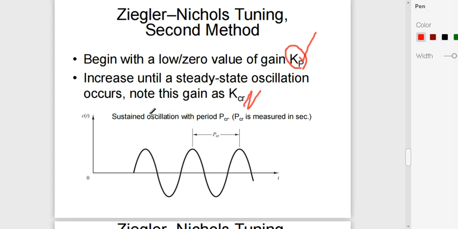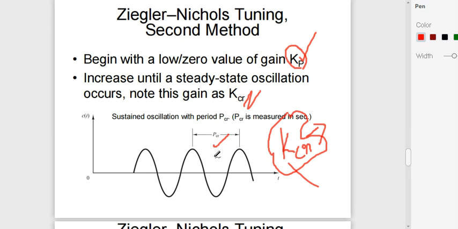By making the sustained oscillations, we can find the critical value Kcr. Kcr is the gain at the critical condition, that is, the gain K with sustained oscillations, or the maximum value of K for the system to be stable. By making the sustained oscillations in the system, we can find PCR and Kcr.